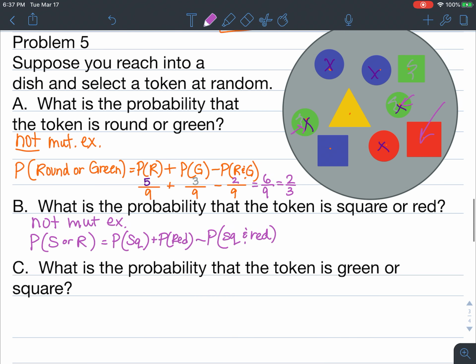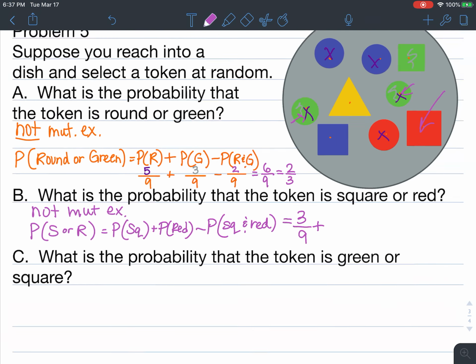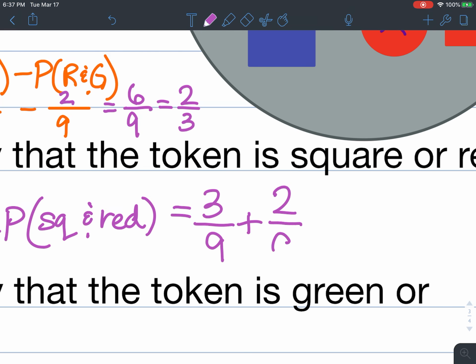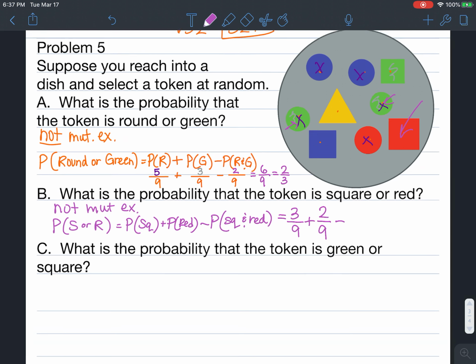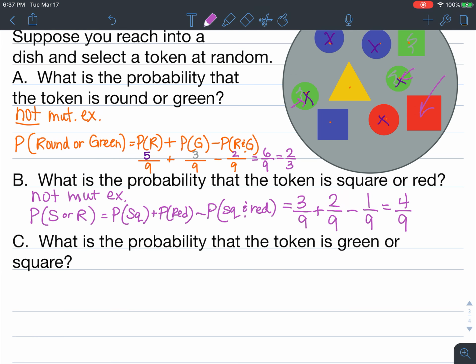What's the probability of being square? 3/9. What's the probability of being red? 2/9. And what's the probability of being a red square? 1/9. And that gives us 4/9 altogether.